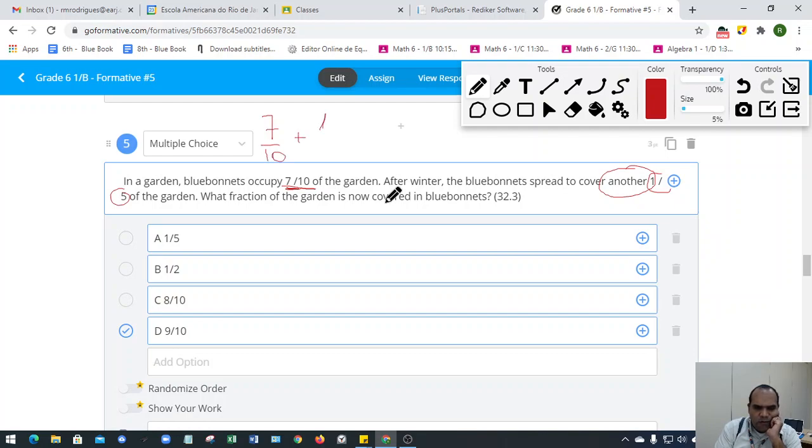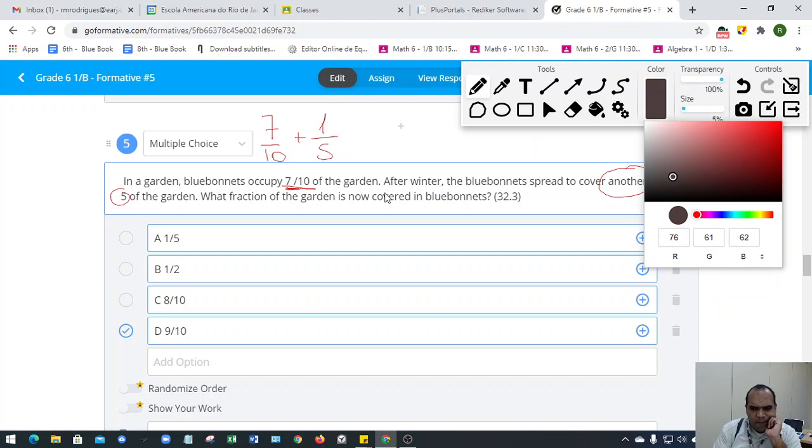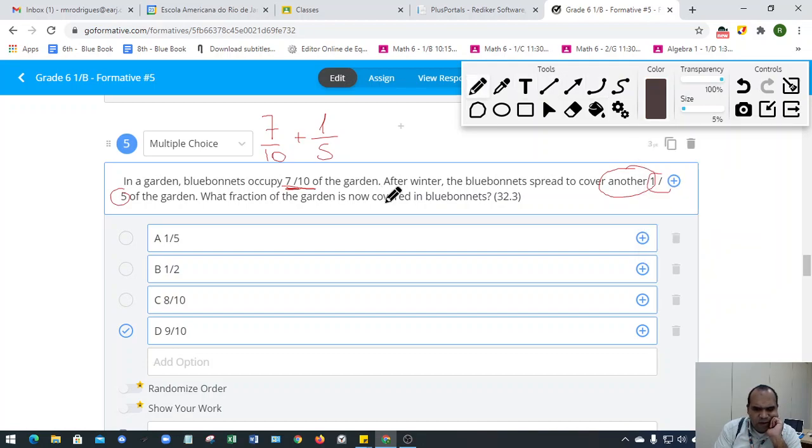7/10 plus 1/5. Oh, guys, as you notice, they do not have like denominators. They are different denominators. Great. What I have to do, remember, we did it already, is multiply the denominators. So 10 times 5 is 50.